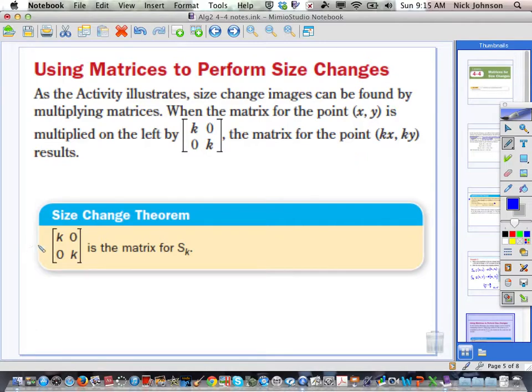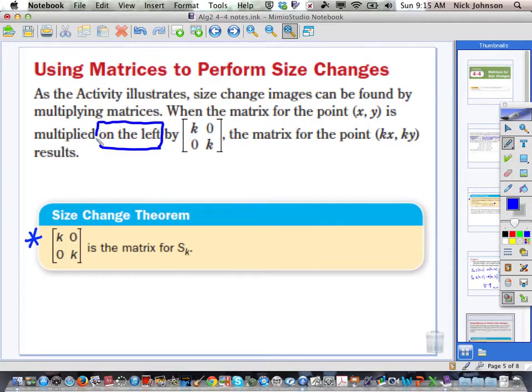Okay? So I need you to know this. Size change theorem. Okay? You need to know this matrix. And this, as they said, always has to be on the left.